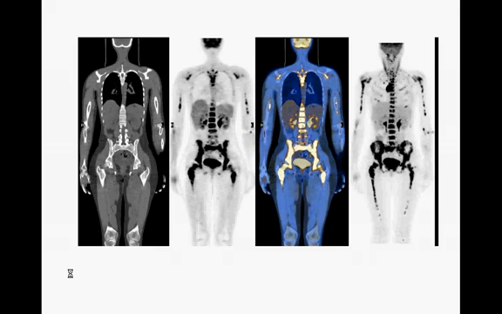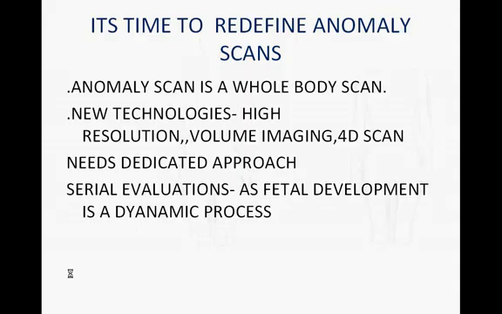So all these excuses are there, but the fundamental problem with missing of lesions in an anomaly scan is most of the people who do an anomaly scan do not consider it as a whole body scan. It's actually from the baby's head to toe you need to evaluate and look for all structural anomalies. So basically we need to redefine anomaly scans.